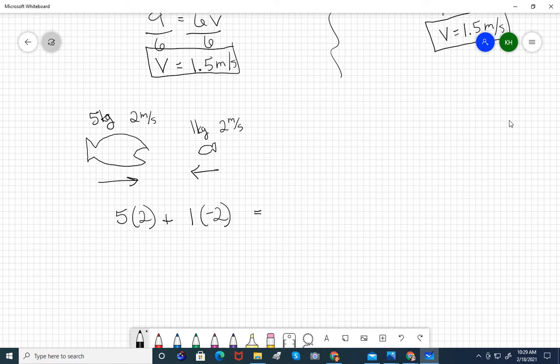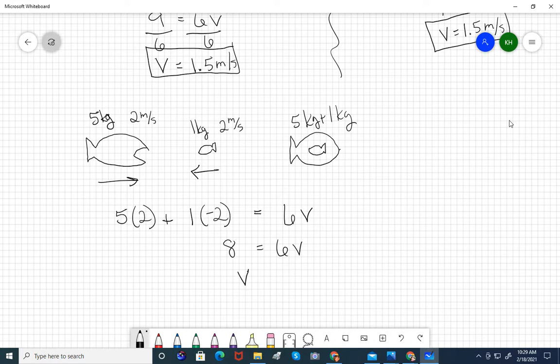If you're going to the left, direction matters with momentum. After lunch, I have that same situation of a big fish, and inside the big fish, I have a little fish. So my total mass is now 6. It's 5 kilograms plus 1 kilogram. And it's going some unknown velocity. So that's 10 minus 2. That's 8 equals 6v.